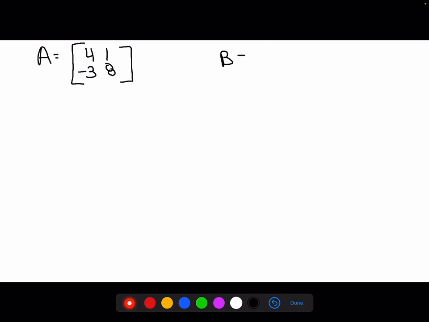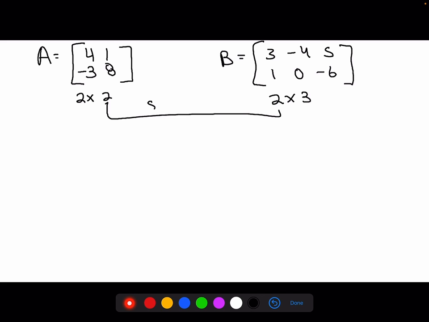And let's say matrix B is 3, -4, 5, 1, 0, -6. So you have a 2 by 2, and then you have a 2 by 3. The insides are the same, so we're in business. And then the outsides, that'll be the dimension of AB.